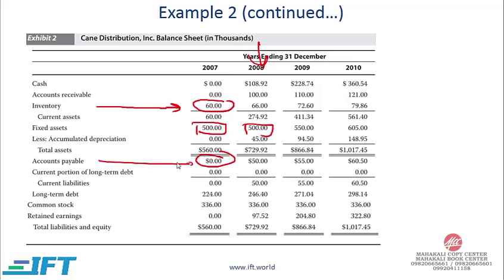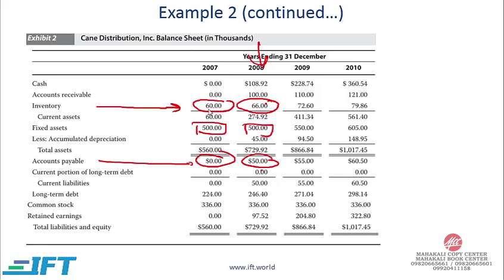So that's 0. And then what do we have at the end of 2008? 66 and 50. So basically we have at the end of 2008, 66 plus 50. At the start we had this much. So the increase in working capital is the sum of these two minus 60, which is 56.